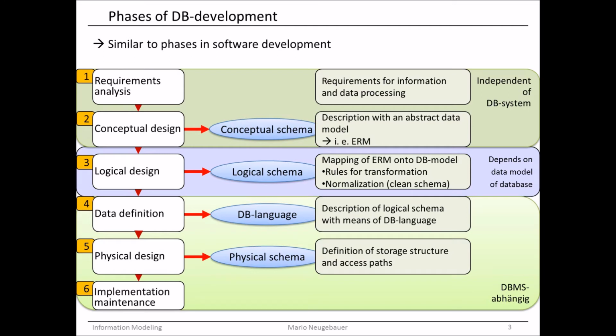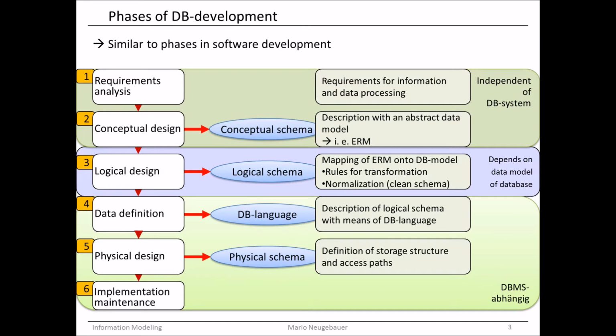After the modeling in the entity relationship model, we come to the logical design. That means that we have to choose a particular database system, a particular database model. Here we concentrate on the relational database model. It means that we think in tables. We will see later that we map our information to tables and to relations between these tables.